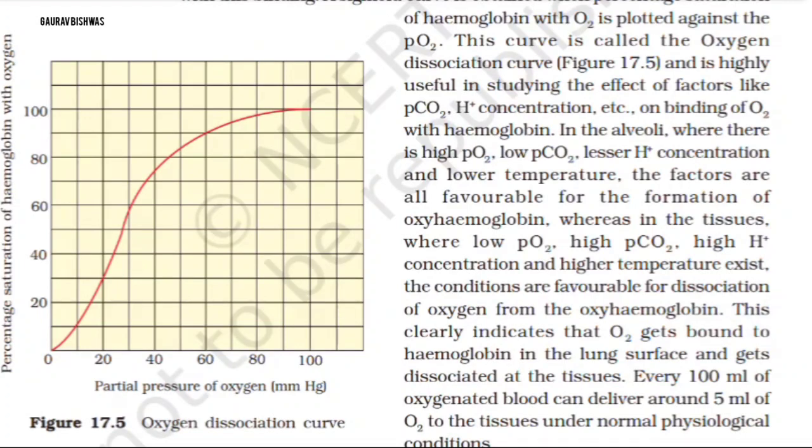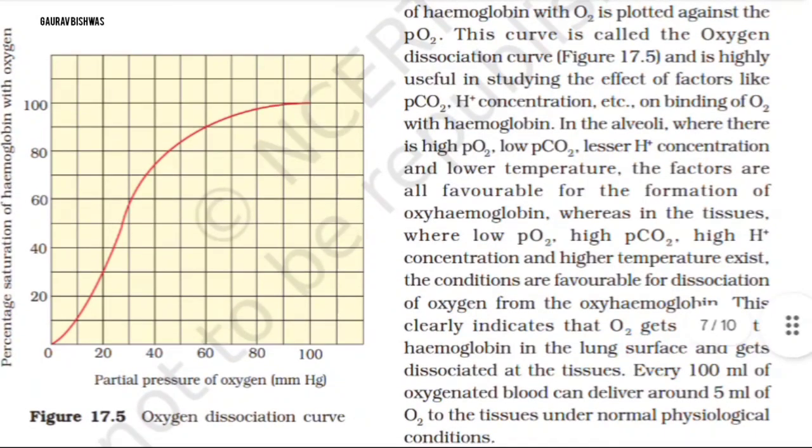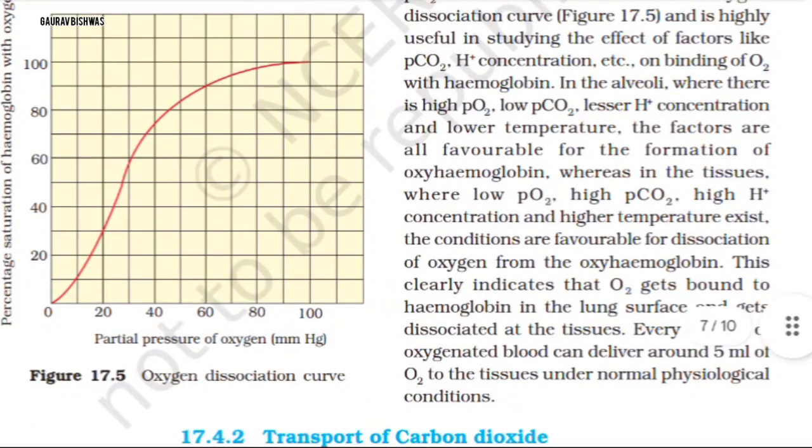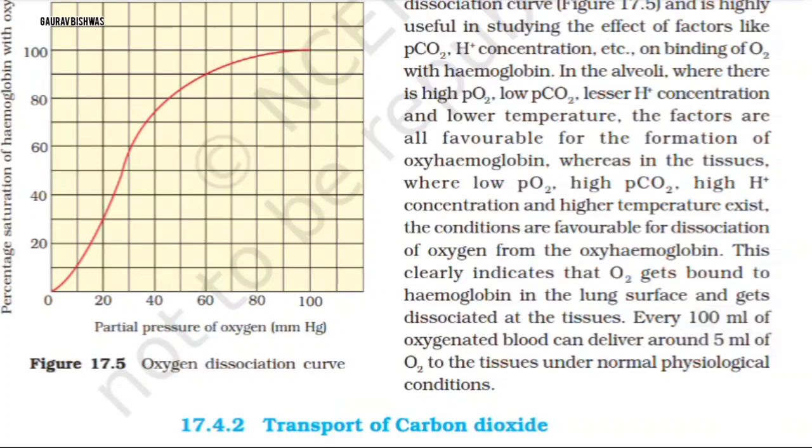on binding of oxygen with hemoglobin. In the alveoli, where there is a high partial pressure of oxygen, low partial pressure of carbon dioxide, lower H+ concentration and lower temperature, the factors are all favorable for the formation of oxyhemoglobin.